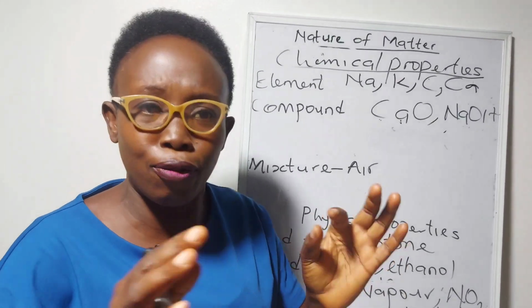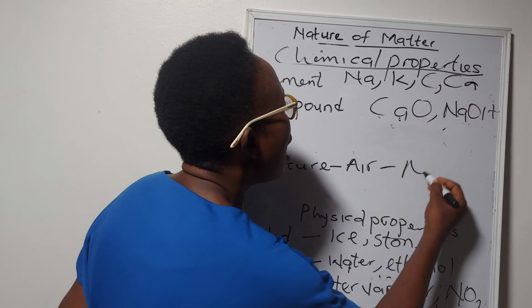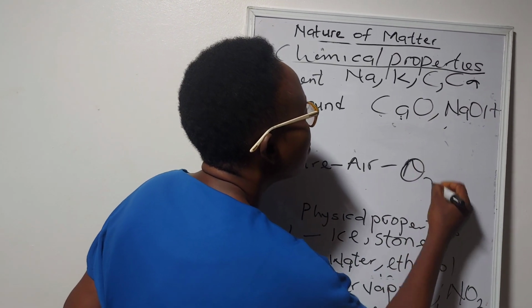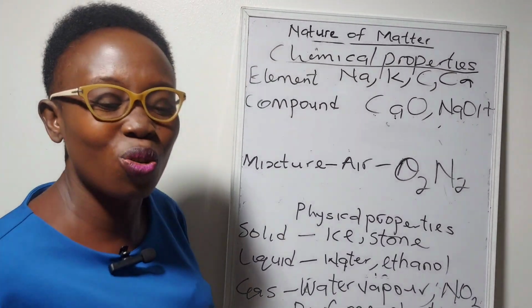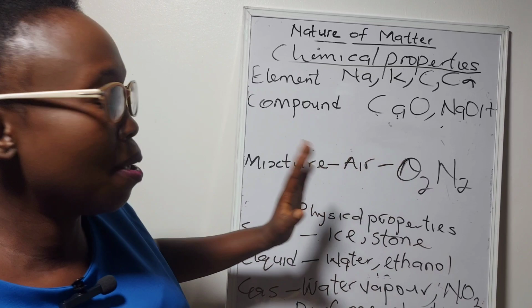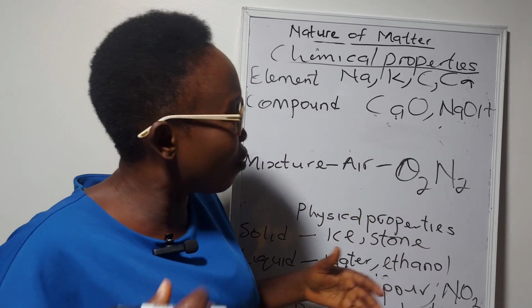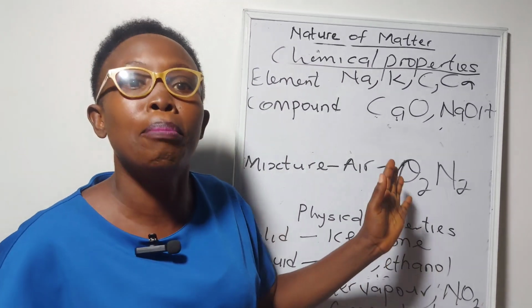No formula for it. Let's talk about this air. Can we write it as oxygen, nitrogen, mixing everything together? We don't have any chemical formula for a mixture. Those are the differences between a compound and a mixture.